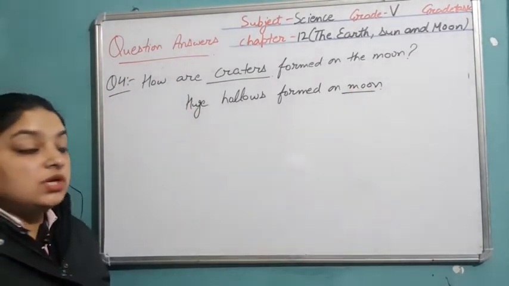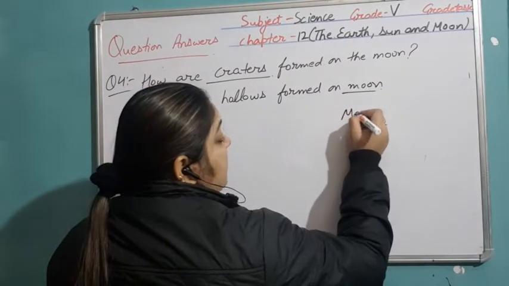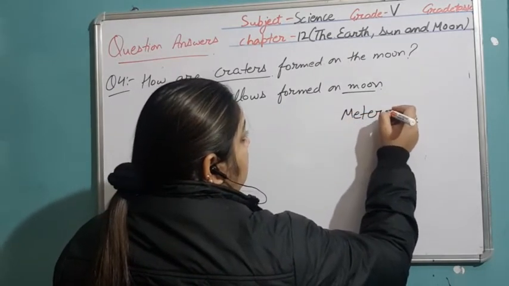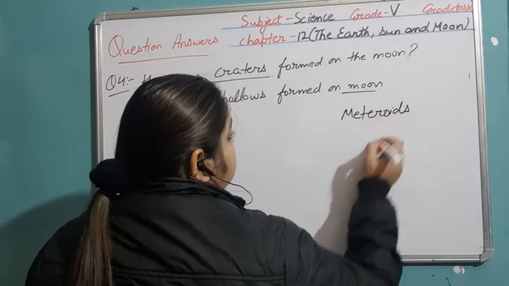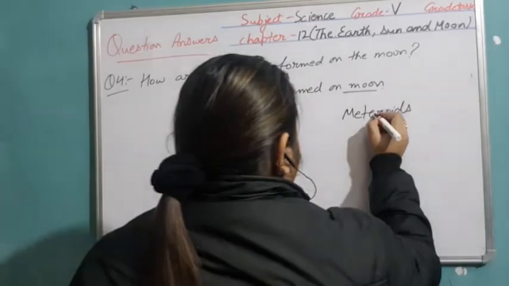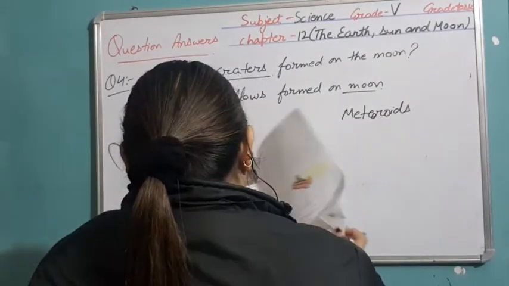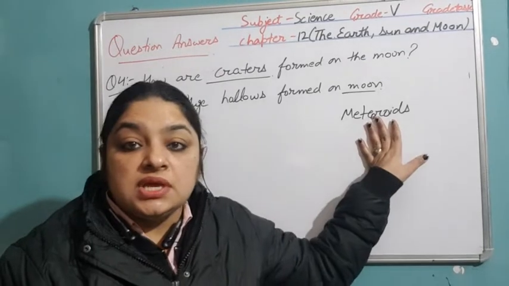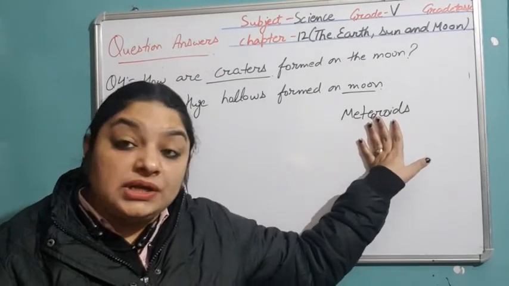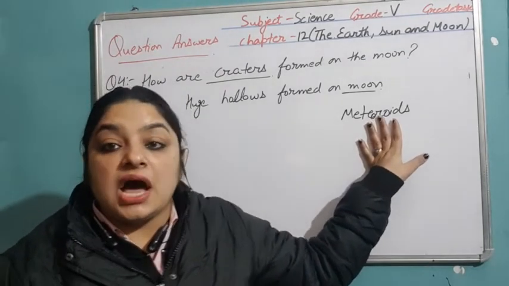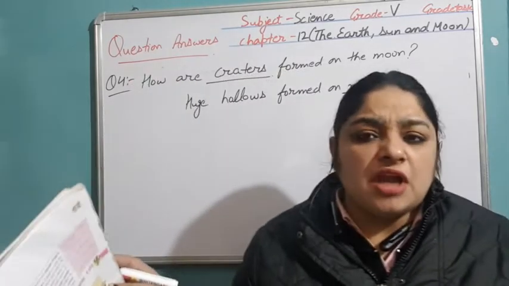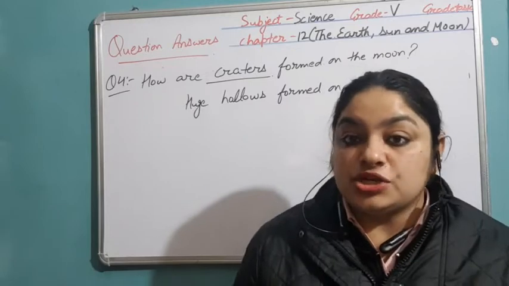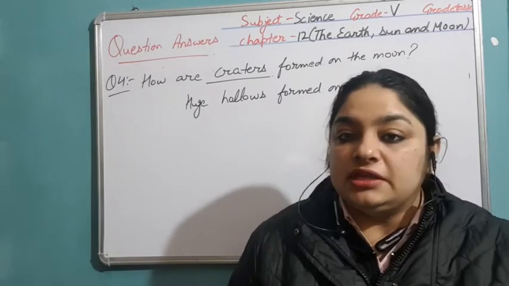These are formed when, along with the planets and satellites, there are other substances present in space. We call them meteoroids. Now what are these meteoroids? These are very large pieces. No doubt their size is less than the planets, but they are also traveling in space.